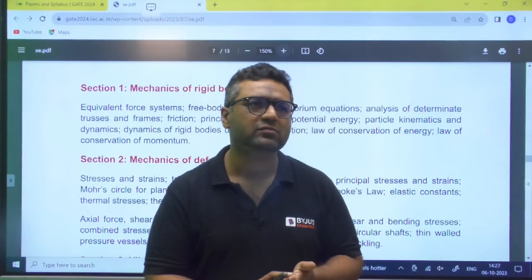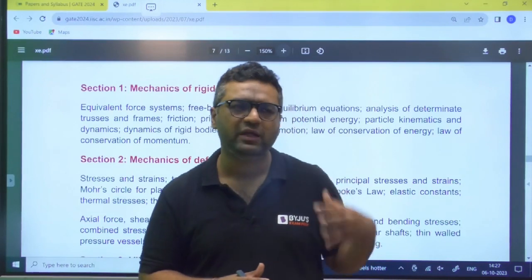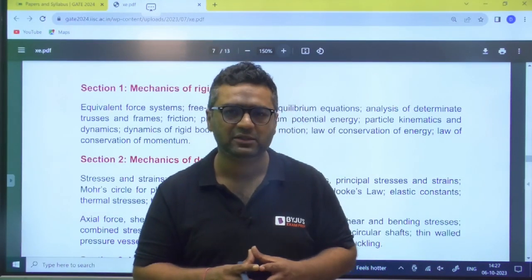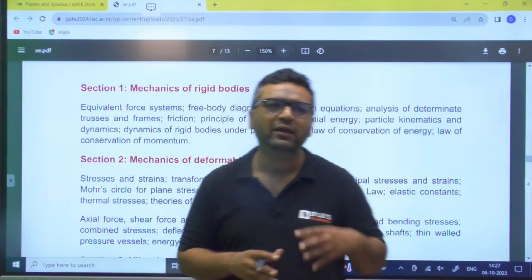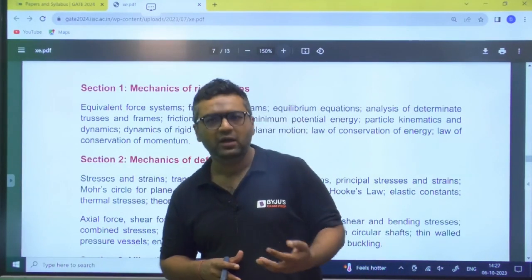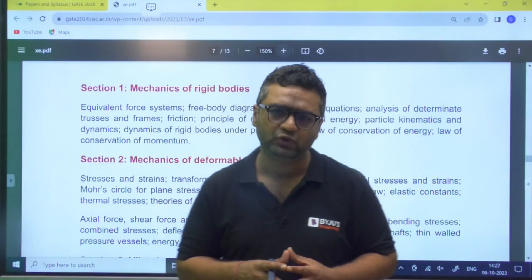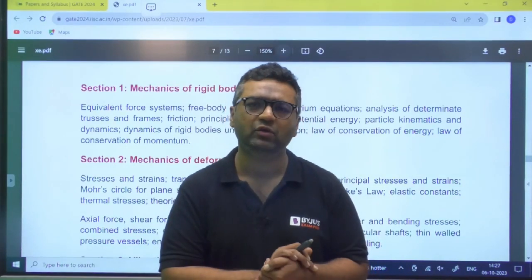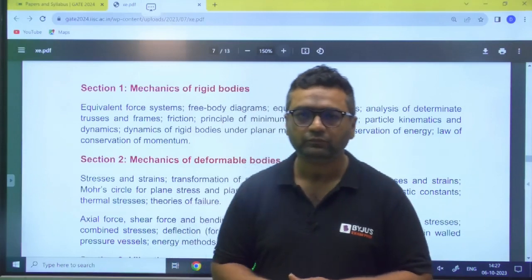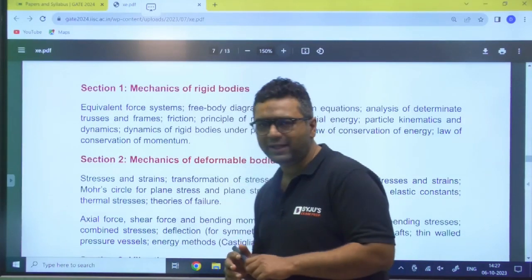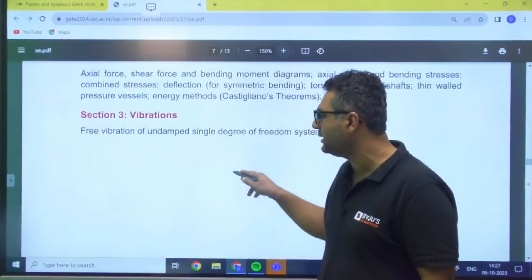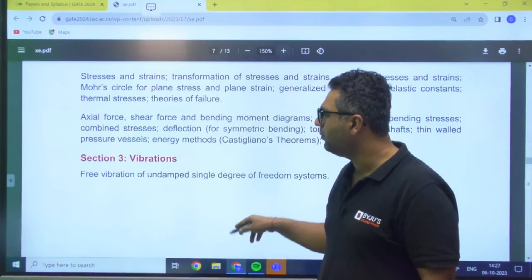Generally people say the level is 10 to 15% higher in XC, but not in every question. The reality is that only a few questions have a higher level, the rest have a lower level also. That's the reason the cutoff of XC was relatively on the higher side last year as well. So that is the engineering mechanics part. For that you need not study much extra. It is the same as the mechanical syllabus of engineering mechanics.